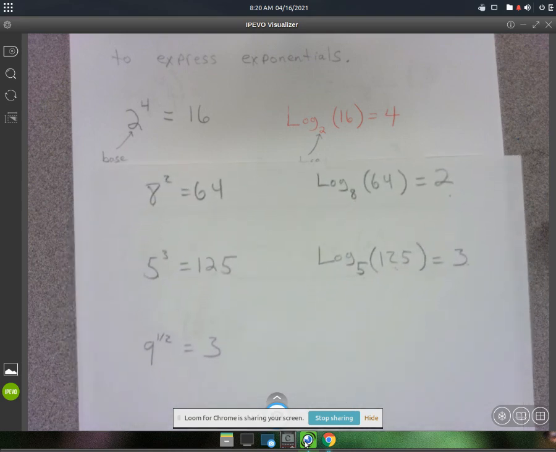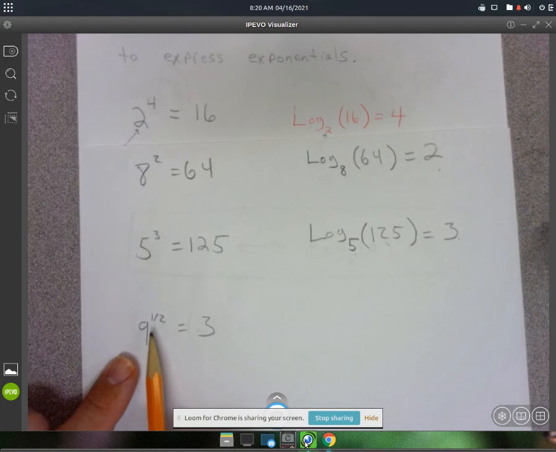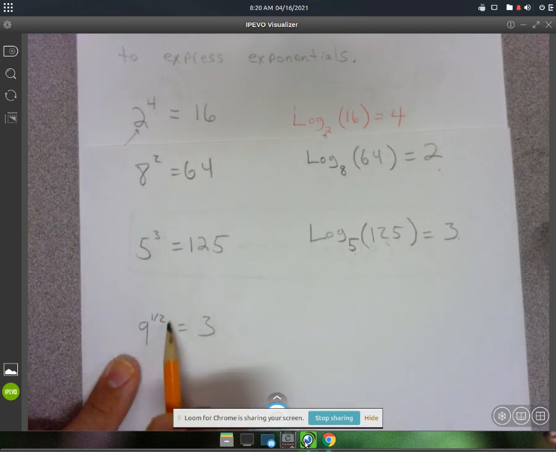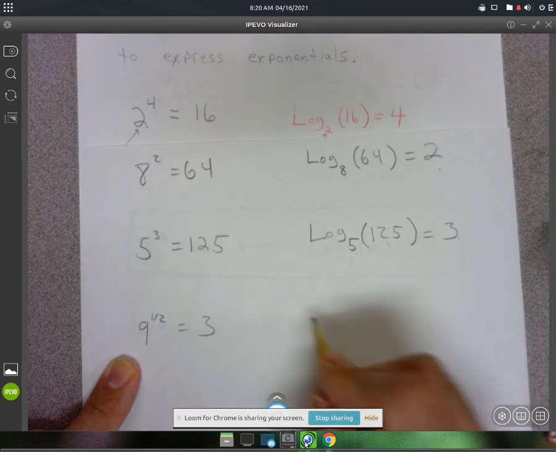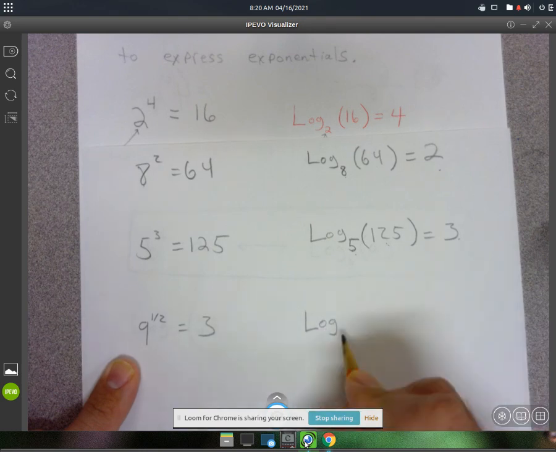And then this one right here is kind of a funky one. This one involves those fractional exponents. So remember, 9 to the 1/2 just means the square root of 9. So I'm doing the square root of 9 is equal to 3. But now I'm going to write it in logarithmic form. It's going to be log base 9.